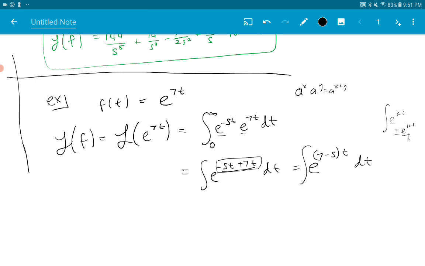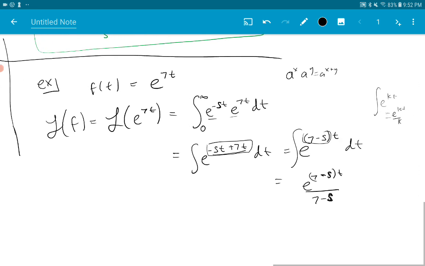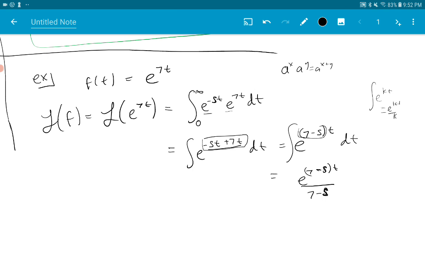So it's the same thing, just our k is 7 minus s. So we get e to the 7 minus s in parentheses times t divided by 7 minus s. And technically it would be plus c, but we don't have the plus c because we have limits of integration. This is from 0 to a, and then a gets large, right? a goes to infinity.